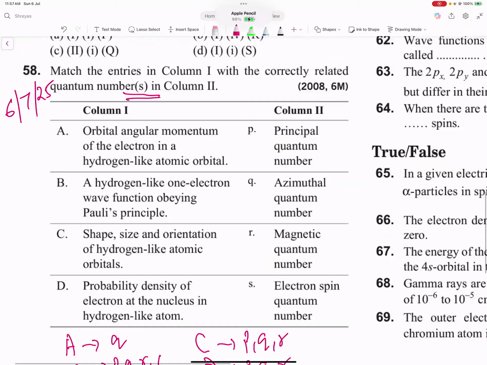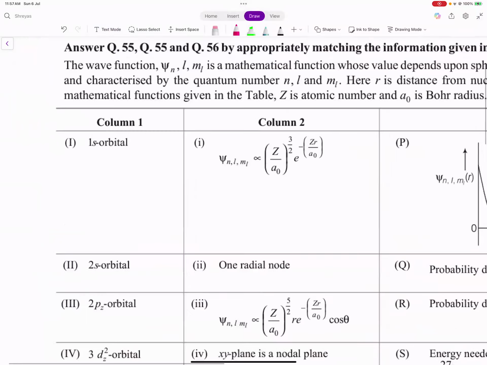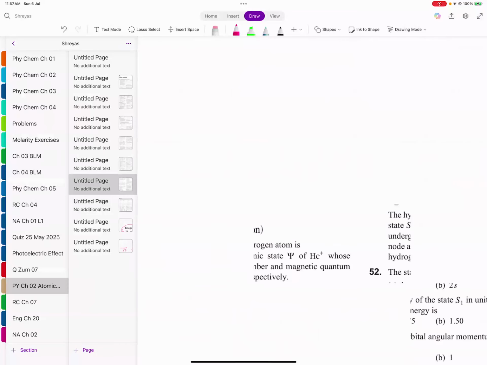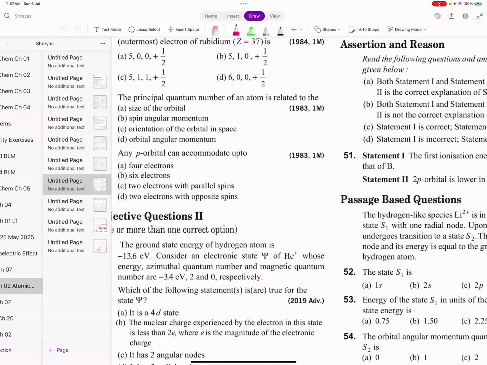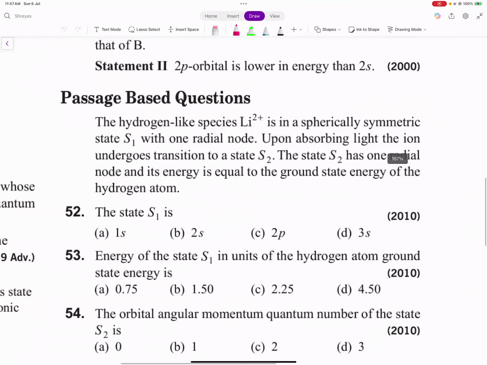Yeah. Okay, we'll come to this when we discuss more about the orbitals. Try this.